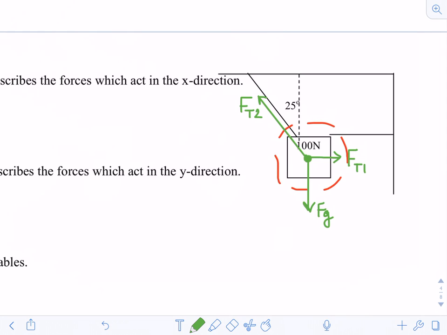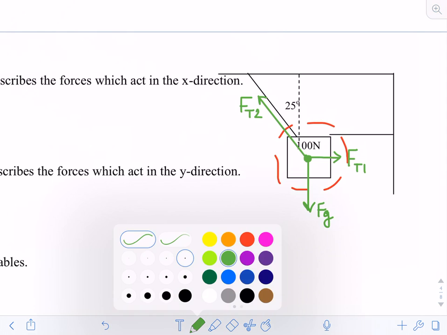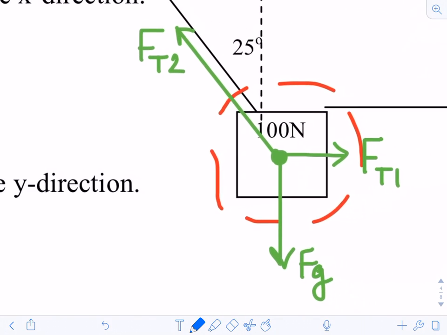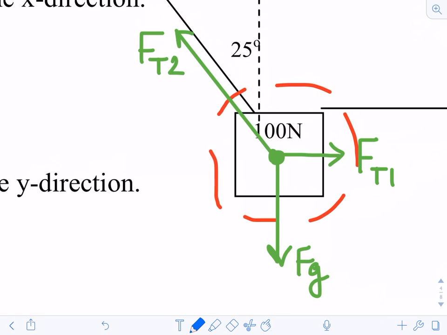So when we look at this, it may not be totally obvious to us that these forces are going to balance out, but it will become more obvious if we take this tension in the x direction and break it up into its components, right?